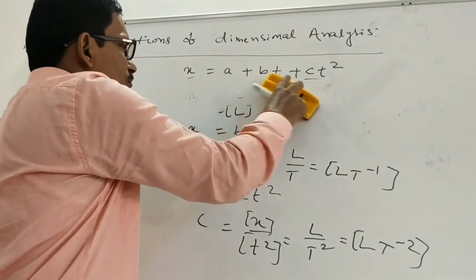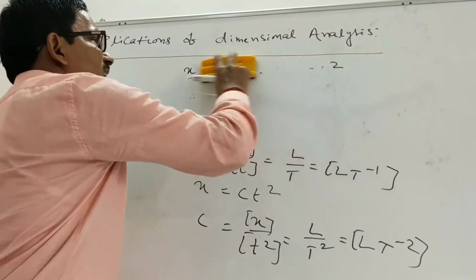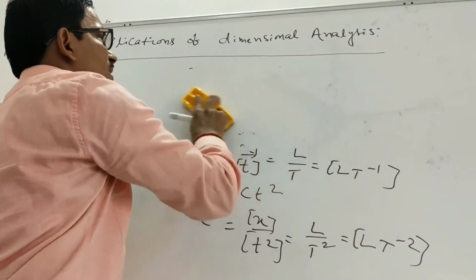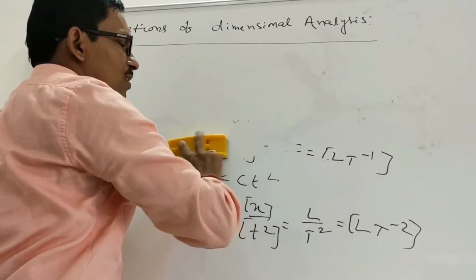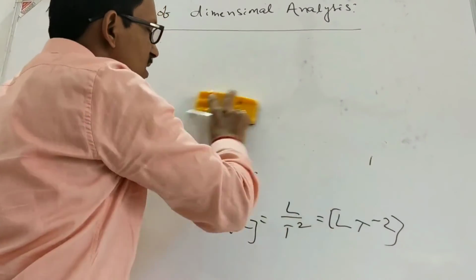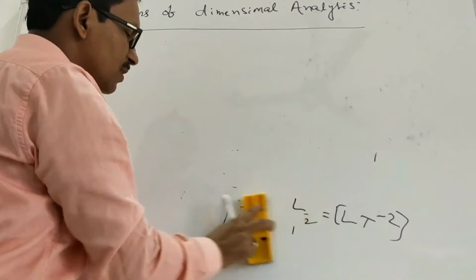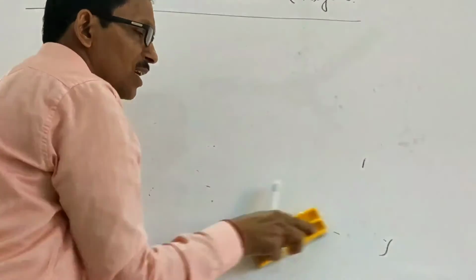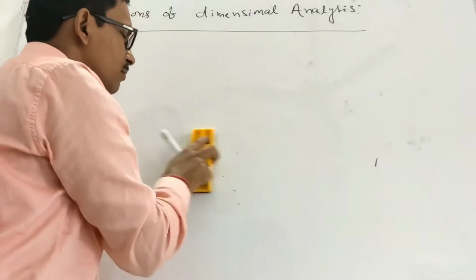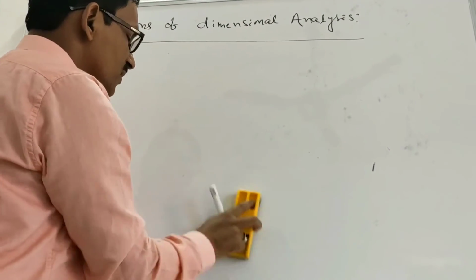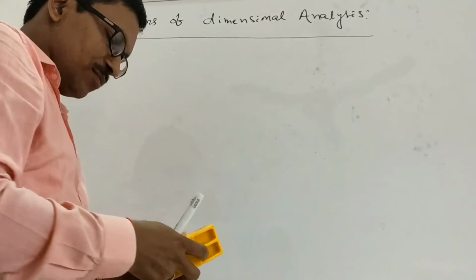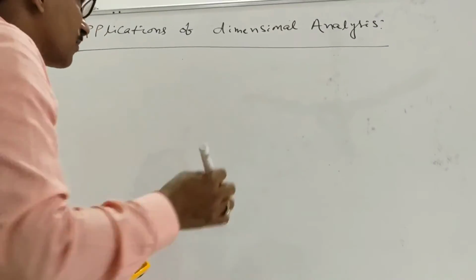Now I will solve one more question based on this first application of dimensional analysis, that is the principle of homogeneity of dimensions. Now I am giving you a question. You solve it immediately. Pause the video and solve.